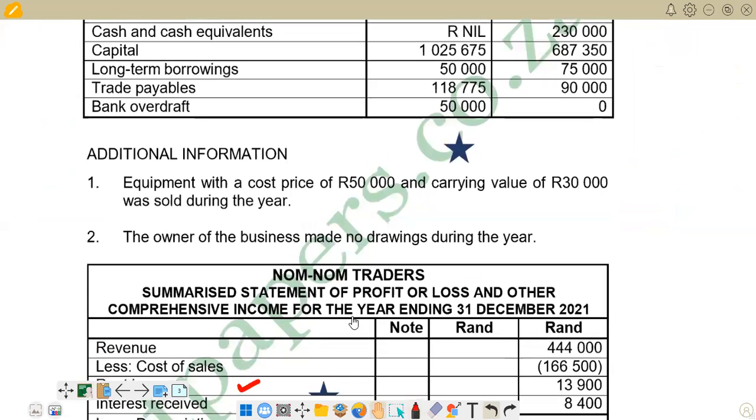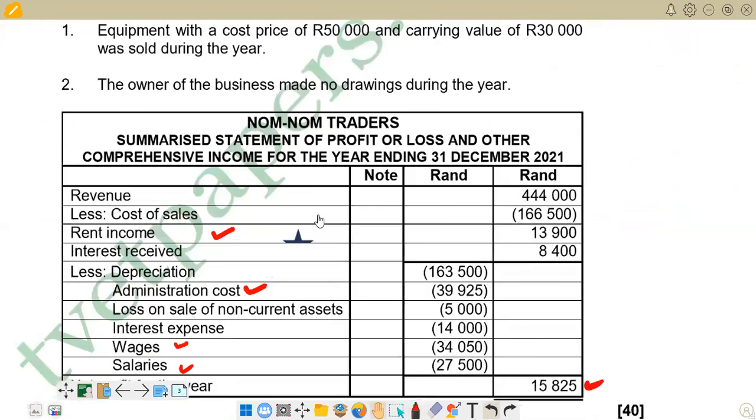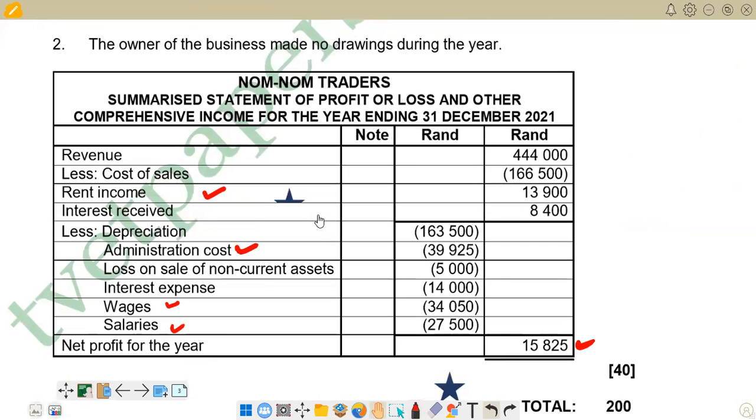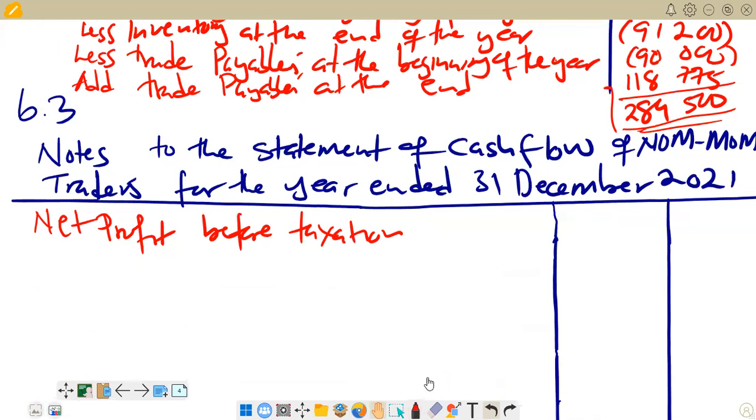If you come down here, you'd see that we are given net profit for the year is 15,825. So this one is the net profit before taxation. This is the figure that we are given before tax is charged. So we are going to start with that one. So it is 15,825. You can put it in this column.